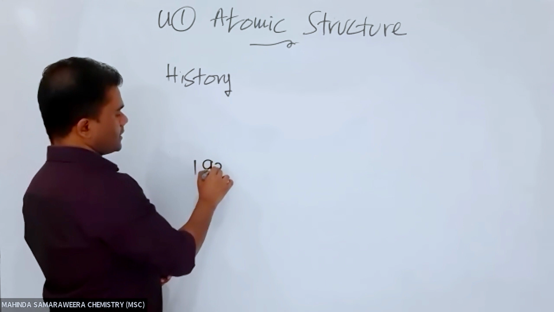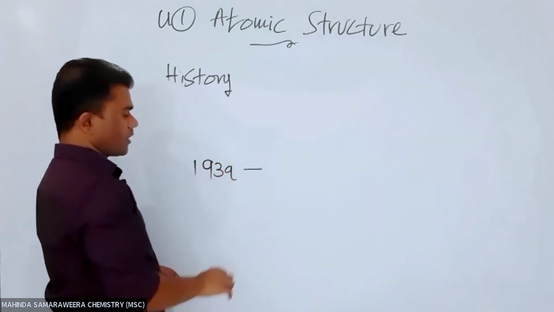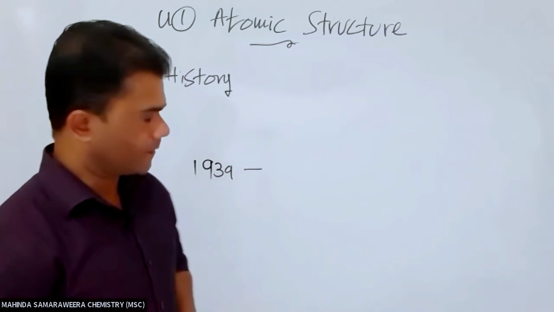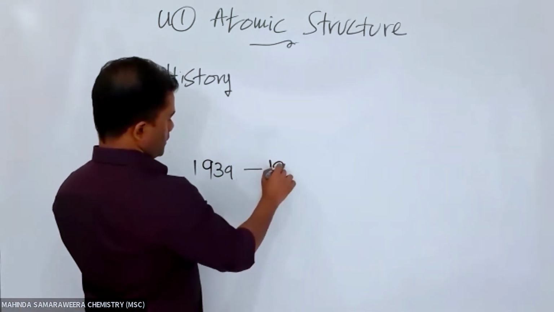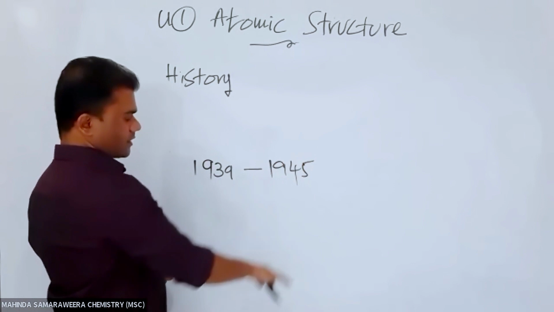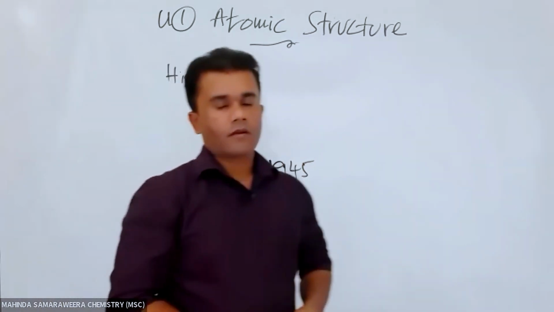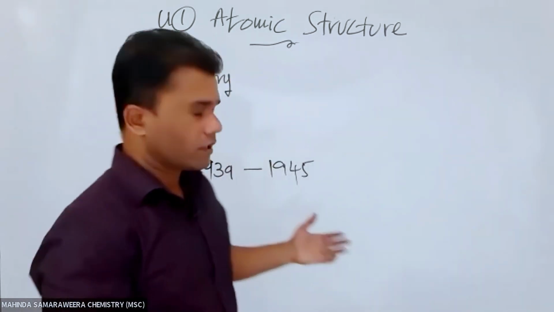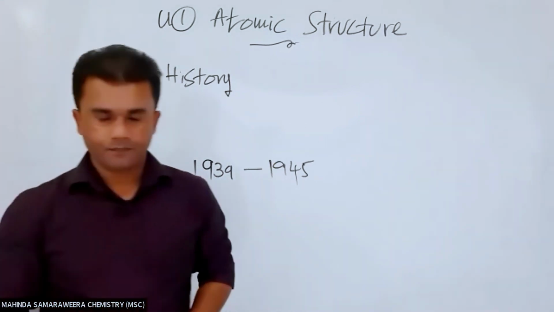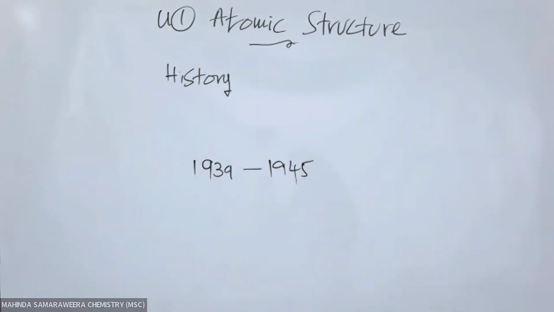In 1939, World War II started as a result of the German invasion of Poland, I think. It went up to 1945, I think, until Japan surrendered. This is where we talk about the atomic bomb. Who made that one?